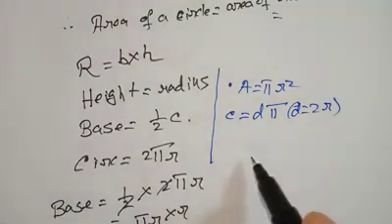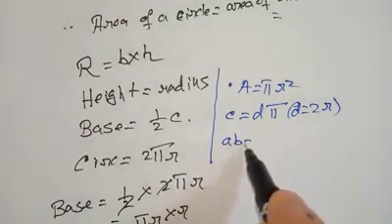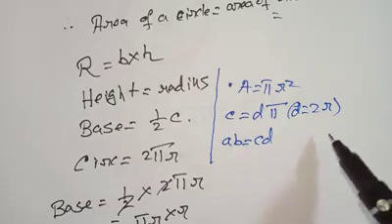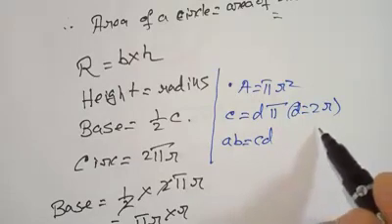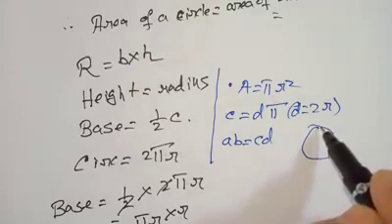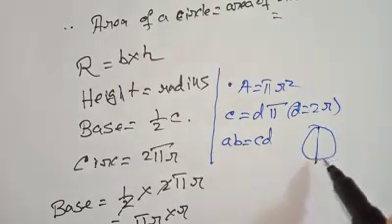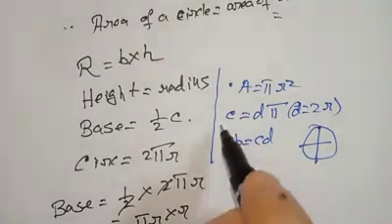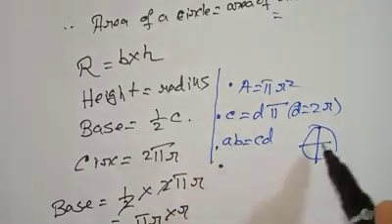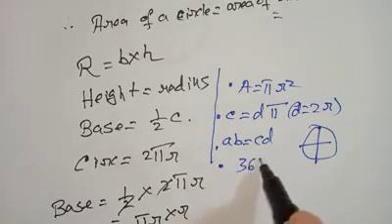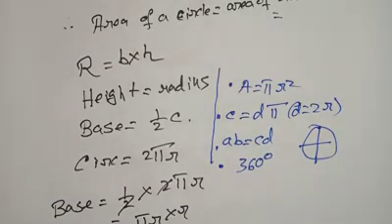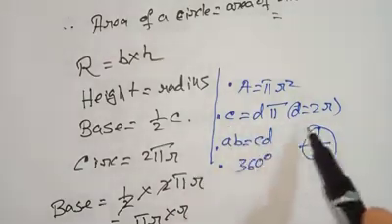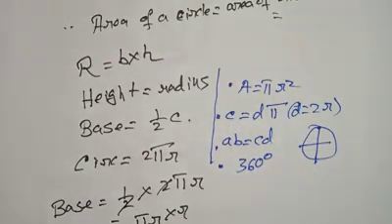If I draw two chords, AB and CD, they will be equal to each other. The total angle of the circle will always be 360 degrees. So just a quick revision: area, circumference, diameter, chords, and the degrees of the circle.